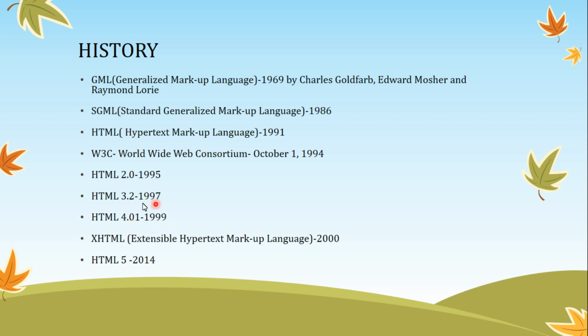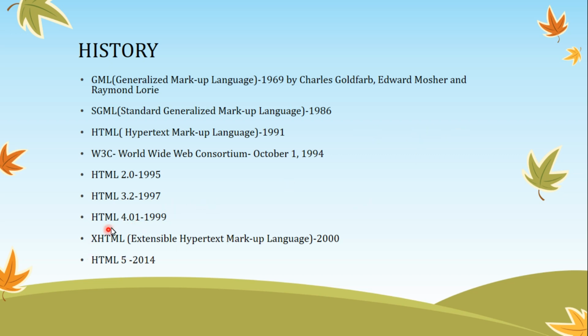Before 1997, 1995, HTML was used, but the World Wide Web was not so famous during these times. But once HTML 4.0.1 came, it attracted people to the World Wide Web. That is when HTML started to move up.